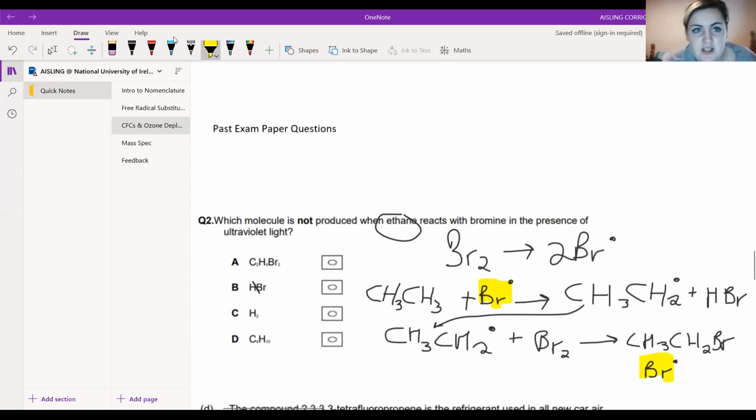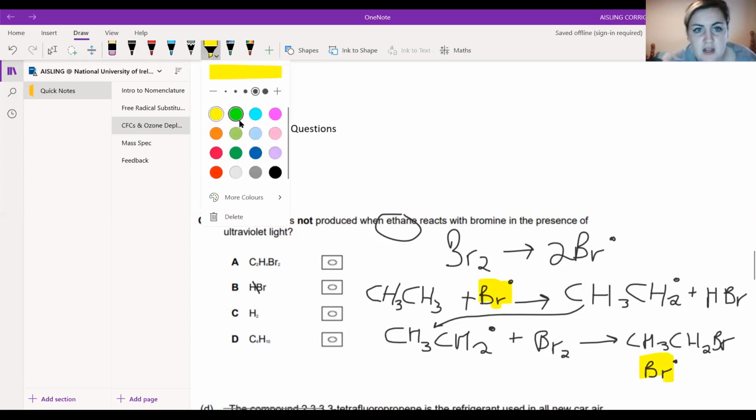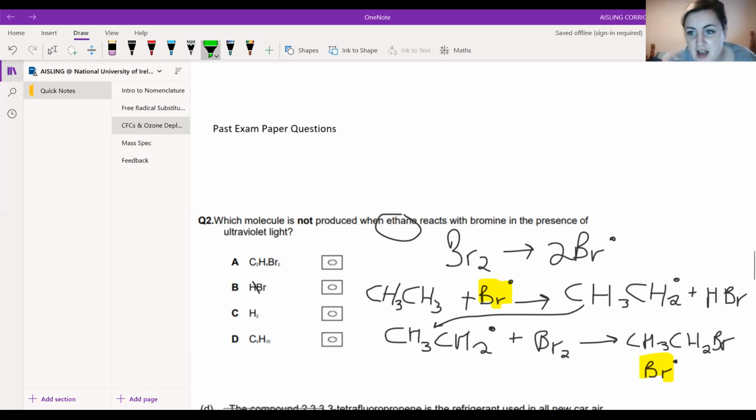So I'm going to use this to indicate the products we've made. So I've made HBr. I have also made, see this over here? This is the structural formula of what? It's this one. Okay, so that's a product, that's a product.